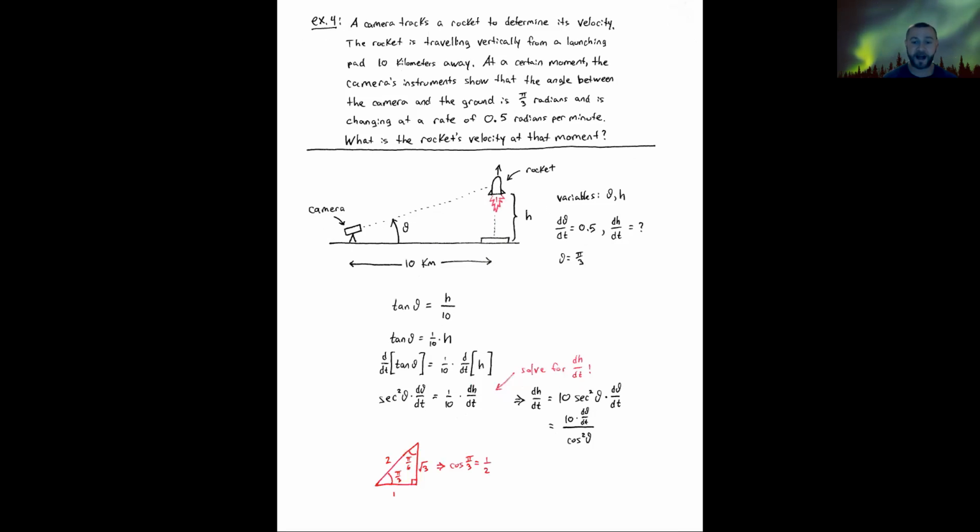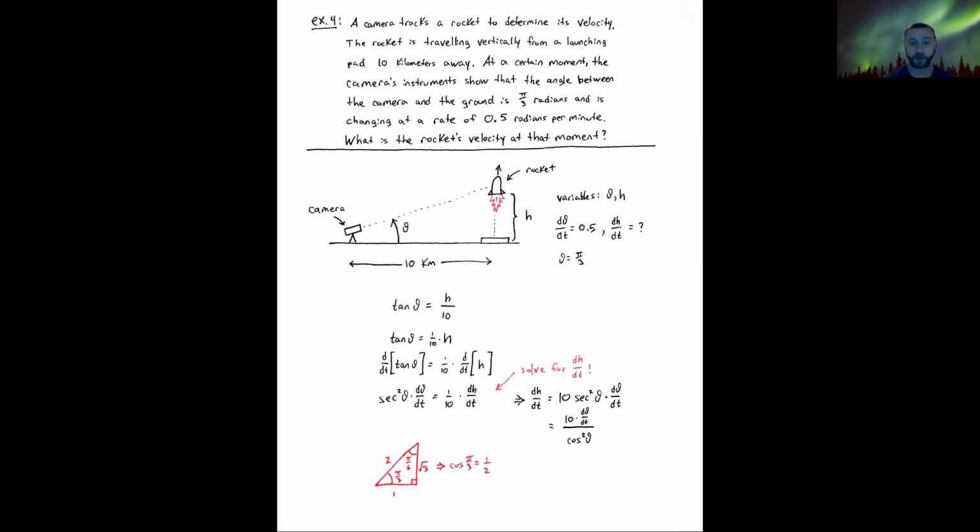And to determine the value for cosine when the angle is pi over 3, notice that's given in the question. We're asked to find the rate of change of the height of the rocket at the moment when the angle is pi over 3 radians, which is 60 degrees. Hopefully you recall either the unit circle or one of your basic special triangles.